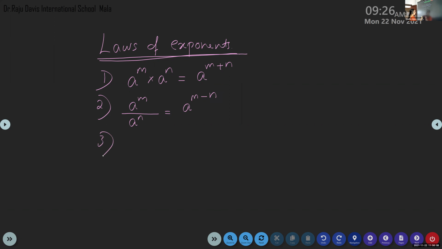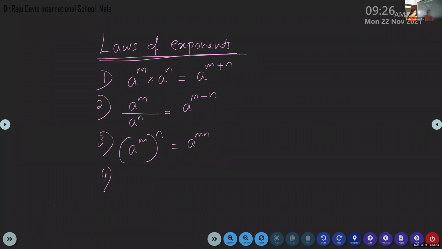Third one, a raised to m, the whole raised to n, equal to a raised to mn.